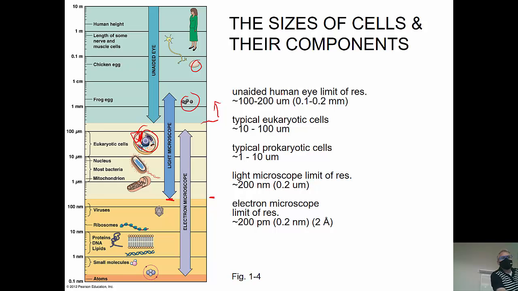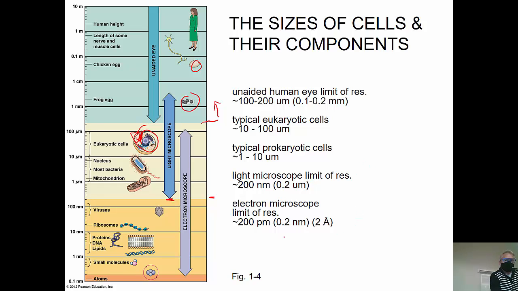I assume you know how to do that, and those questions do come up on tests. So with a light microscope, we can see many of the features of a cell, including most of the organelles, but we can't see big macromolecular machines. We can't visualize the membranes directly because they're too small.